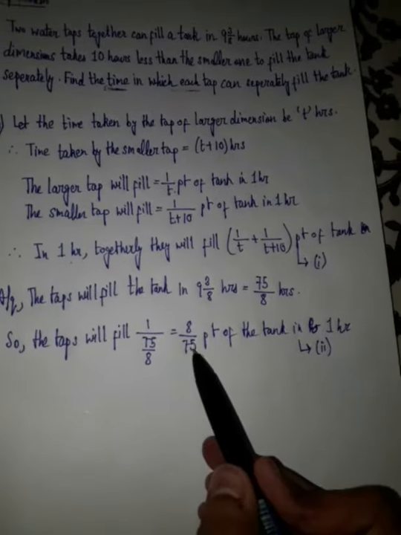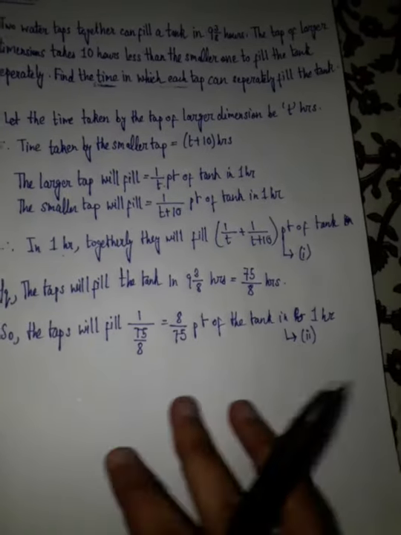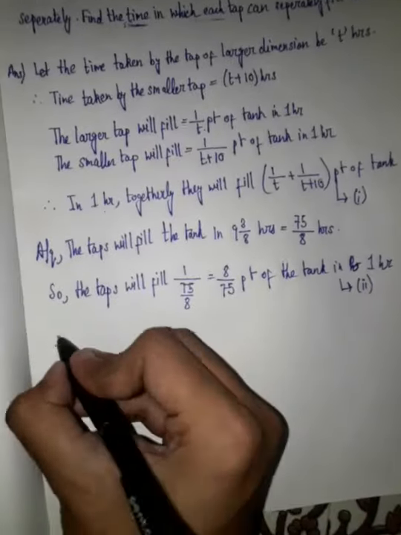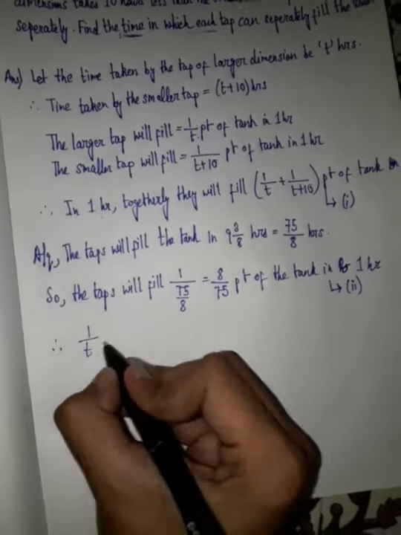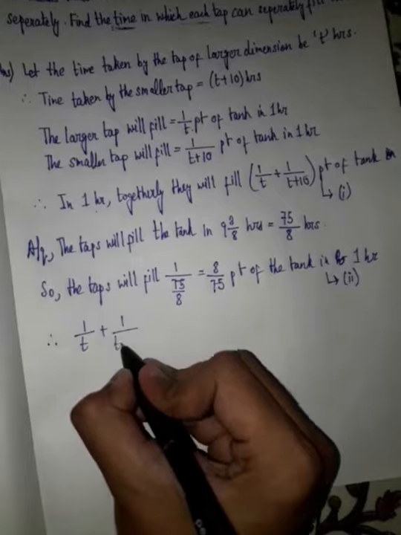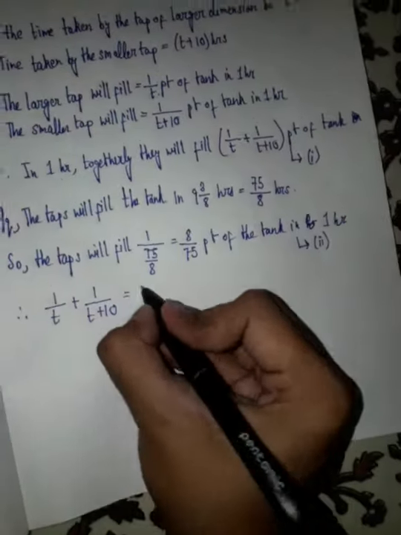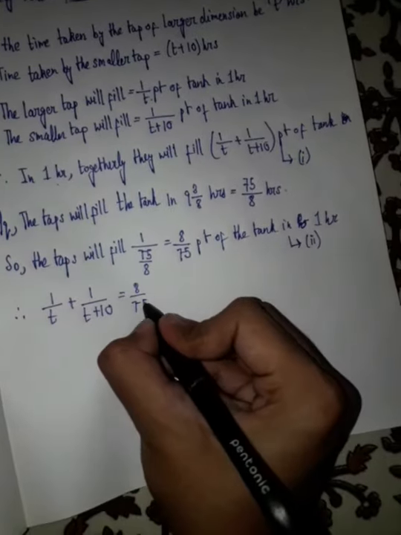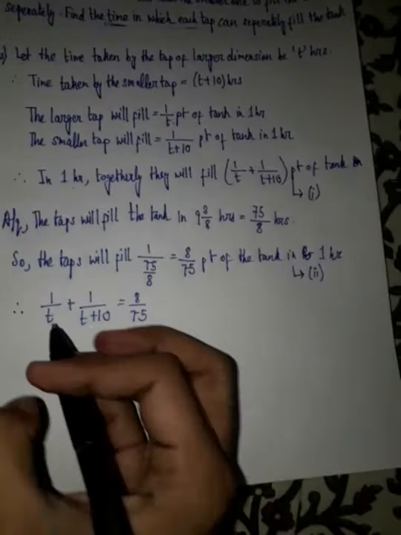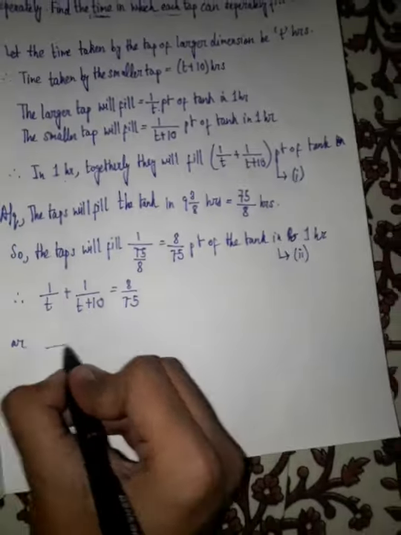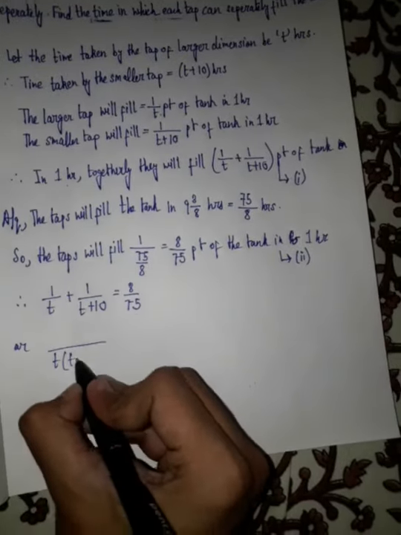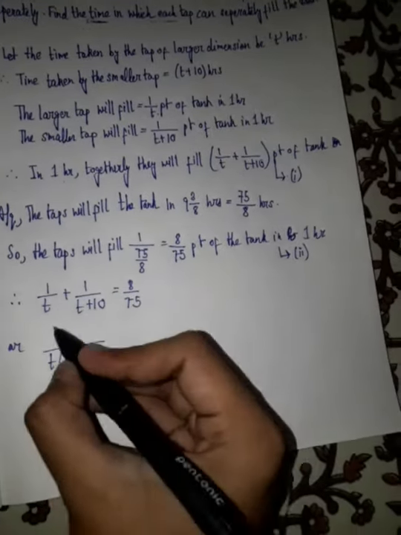Okay, so this thing and this thing are now the same, so we may equate these two. Therefore 1 by t plus 1 by t plus 10 from the first one equals 8 by 75. So we will solve the quadratic equation. First we will take the LCM. The LCM will be t into t plus 10, then add these two.